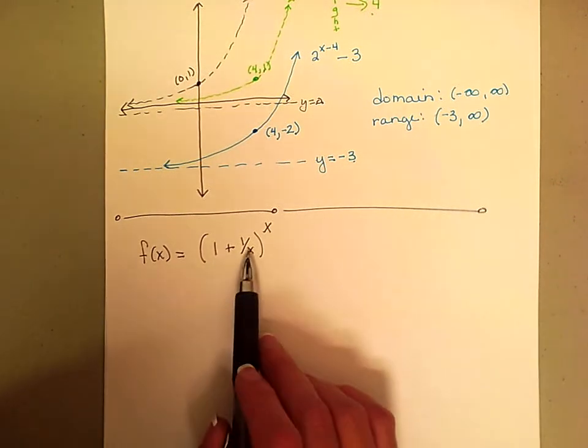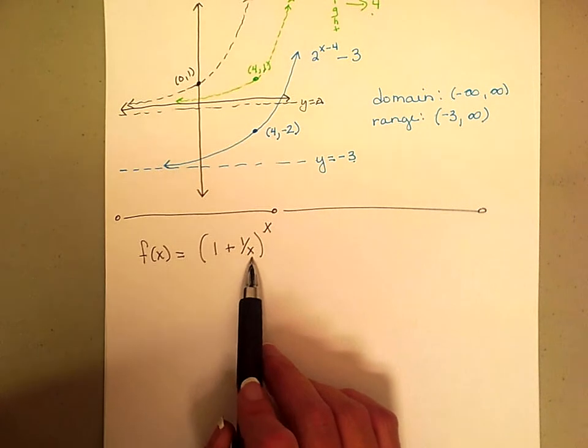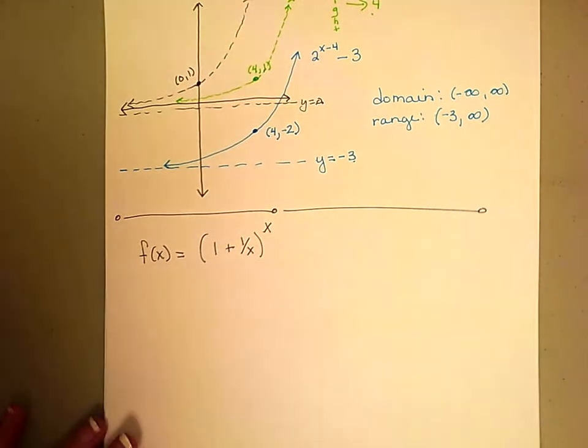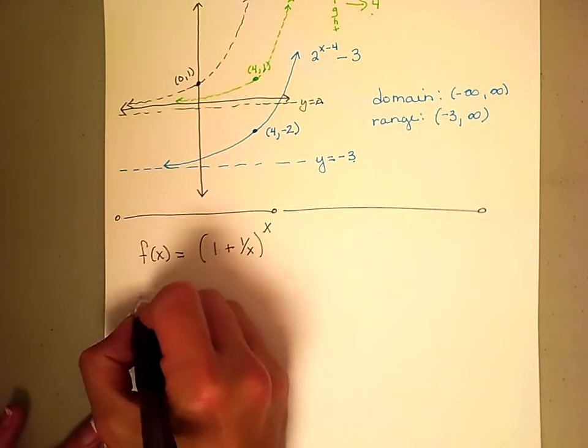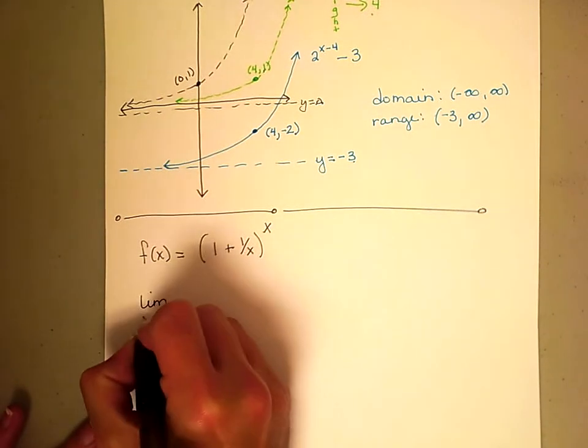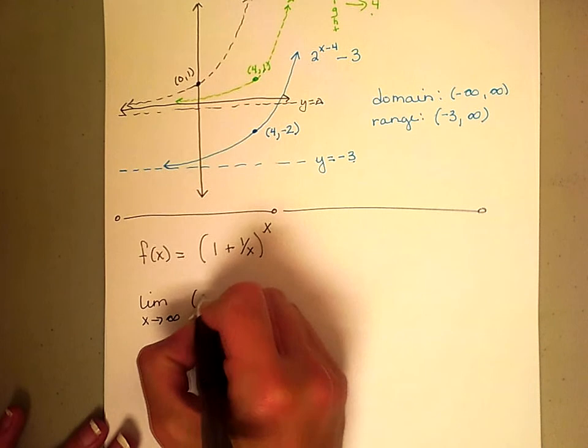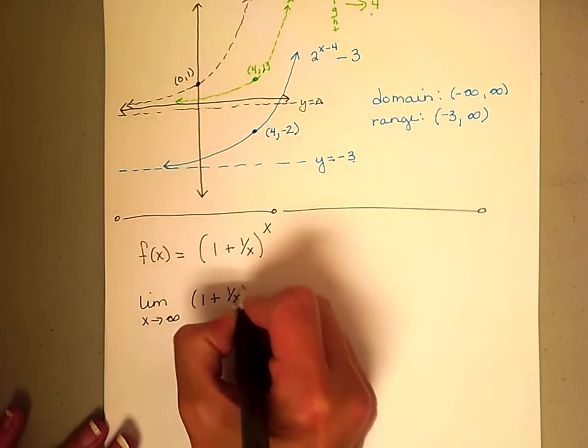So basically I'm taking the number 1 and I'm adding smaller and smaller and smaller parts to it and raising them to that power. So numerically, let's find out how we might consider what's happening as x goes to infinity of this function.